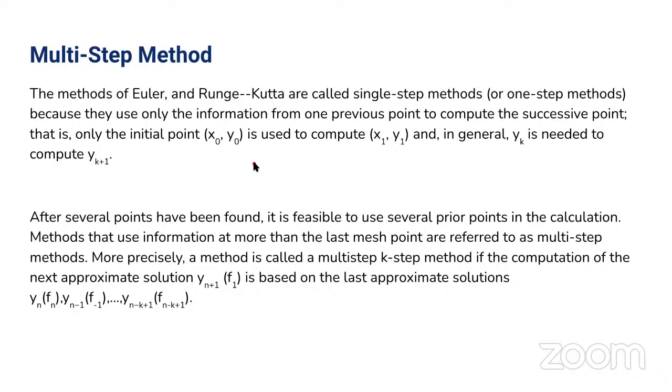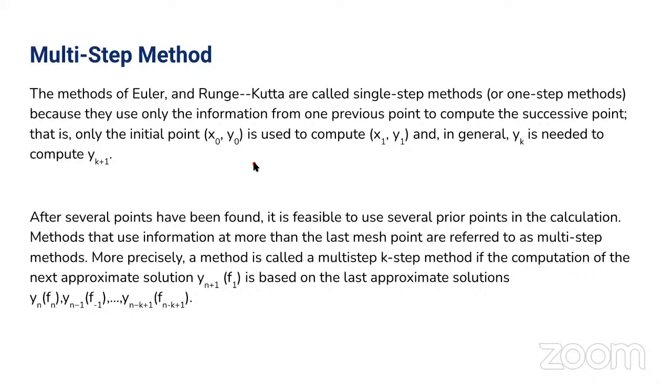So what this is saying is what I said earlier, single-step methods like Euler and Runge Kutta use the previous point to compute the next point. But in multi-step, we use a collective of previous points of x and y simultaneously to compute the next step.